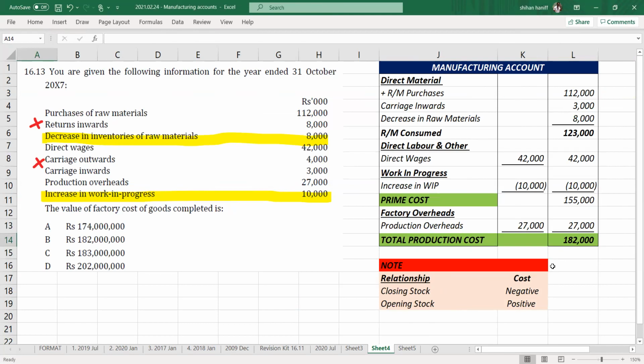Any doubts? Remember this note, how the relationship works between the stock and the cost. Stock and cost.